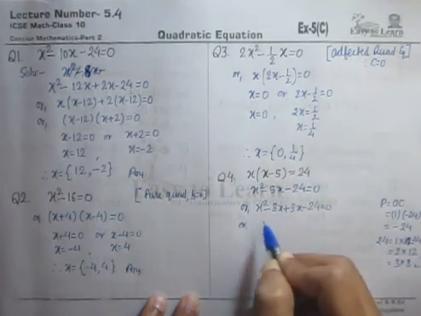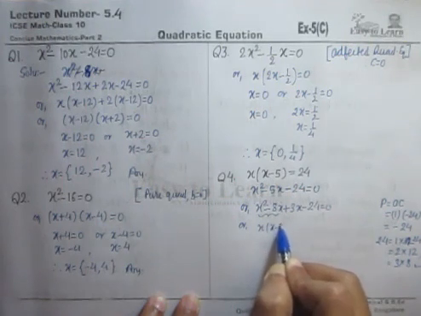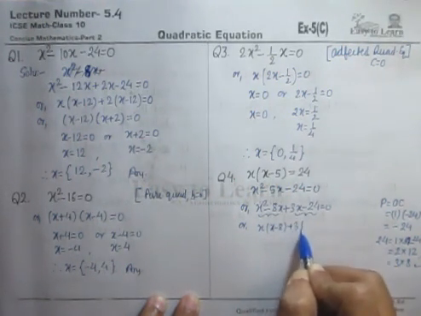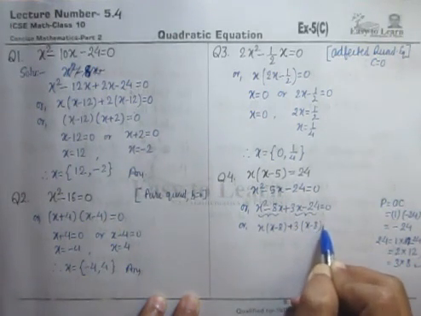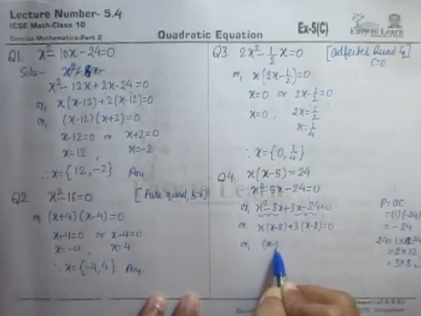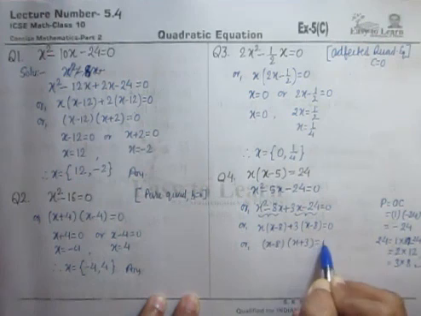Now make the groups. From these two we can take x common, so x minus 8. From these two we can take 3 common, so x minus 8 into x plus 3 equal to 0.